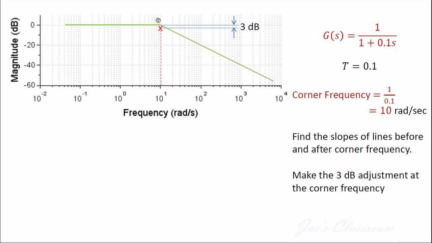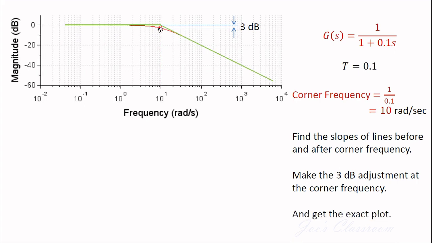So once you draw the asymptotic Bode plot, at the corner frequency, I said that the maximum difference is going to be 3 decibels. So you mark the 3 decibels down, and now you can approximately sketch this. So even without knowing each and every value of the magnitude for different values of frequencies, I could easily get this Bode exact plot from the Bode asymptotic plot.